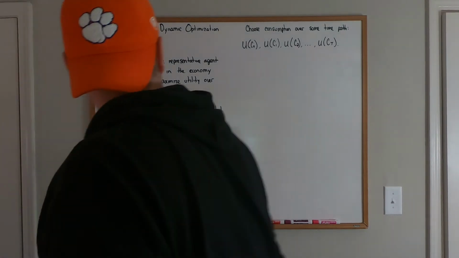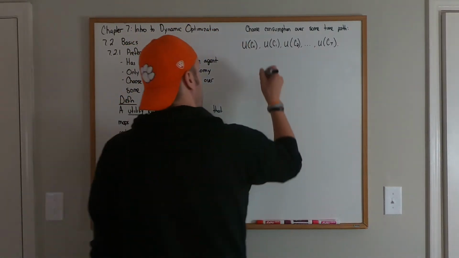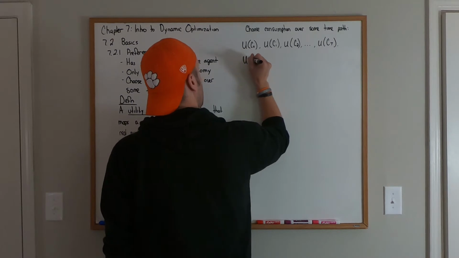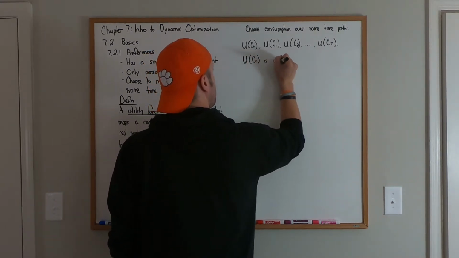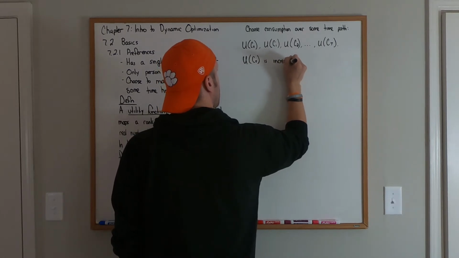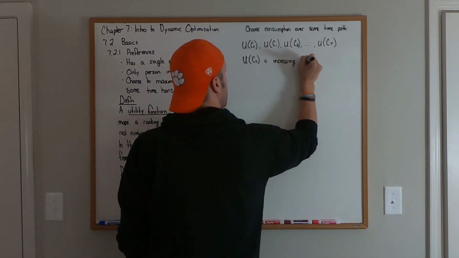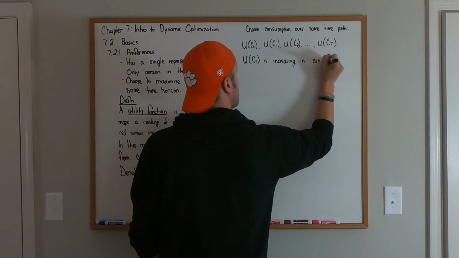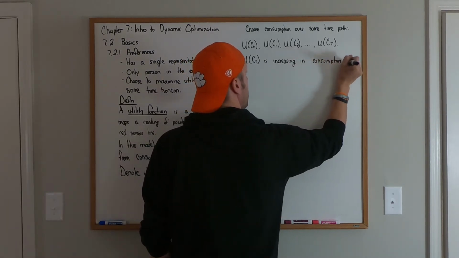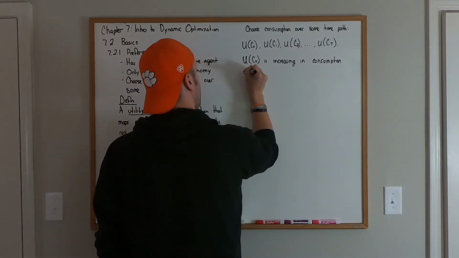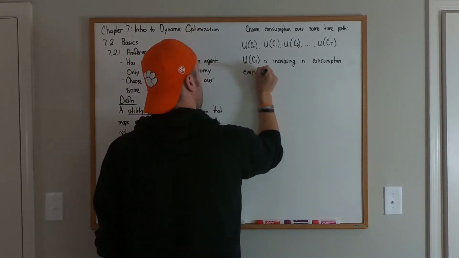Right, so utility of consumption, u of C_t, is increasing in consumption. It's increasing everywhere in consumption.